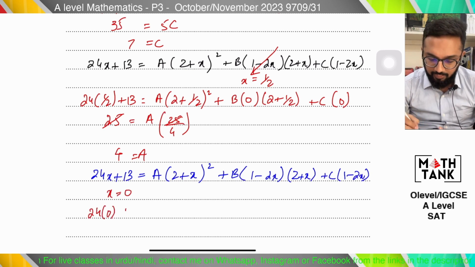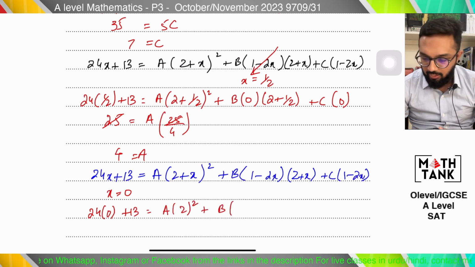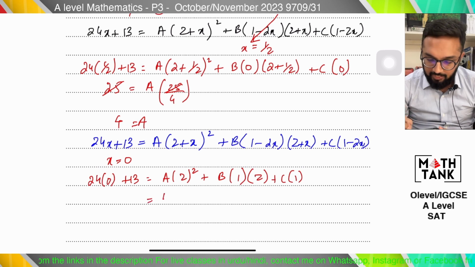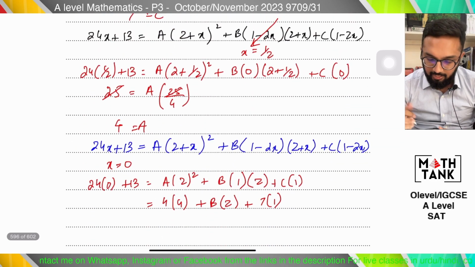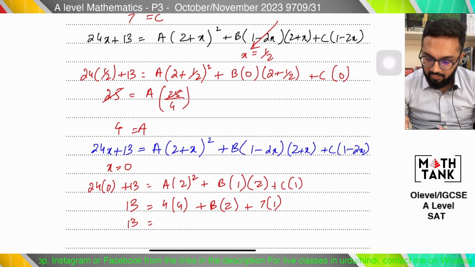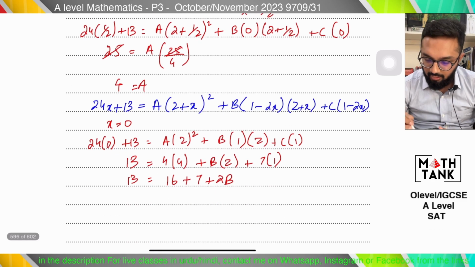So 24 into 0 plus 13 equals a into 2 squared plus b into 1 into 2, plus c into 1. I have a and c, so 4 into 4 plus b into 2 plus 7 into 1, and I have 13 here. 13 equals 16 plus 7 plus 2b. Okay, so 16 plus 7 is 23.